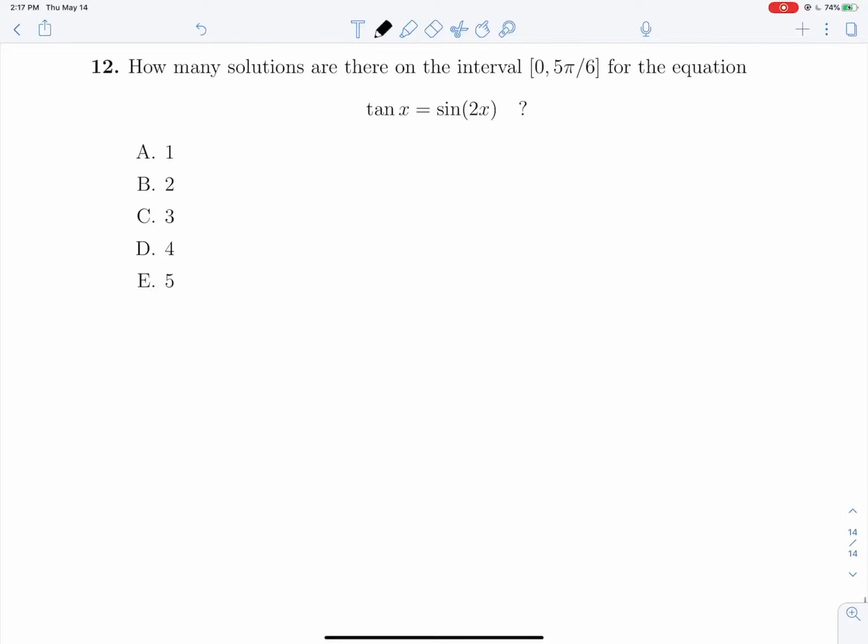How many solutions on the interval from 0 to 5 pi over 6 are there for this equation here? So we're going to be using two identities for this: that the tangent of x is equal to the sine of x over the cosine of x, and also that the sine of 2x is equal to 2 sine x cosine x.